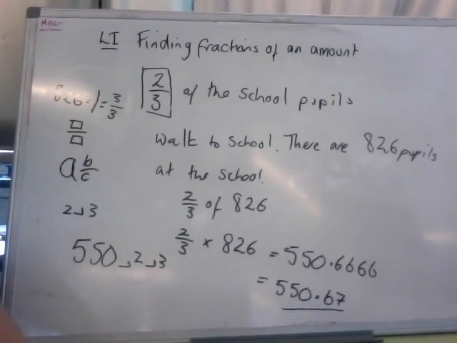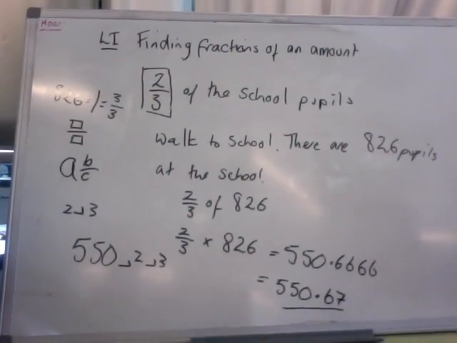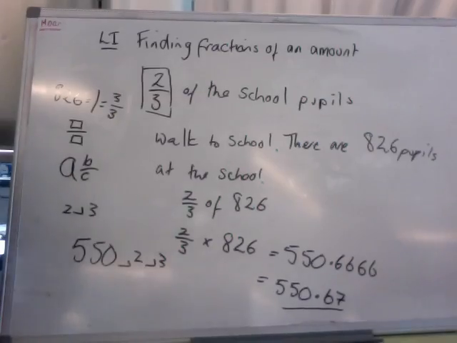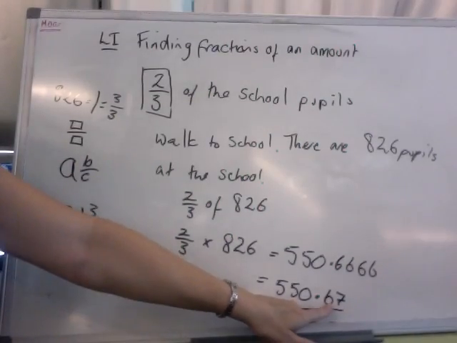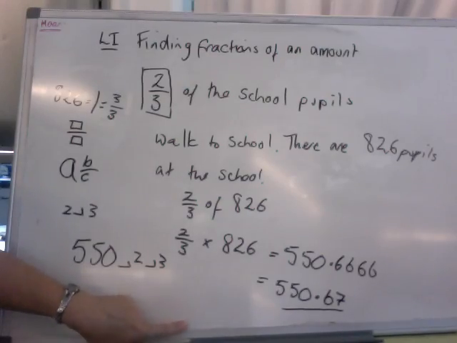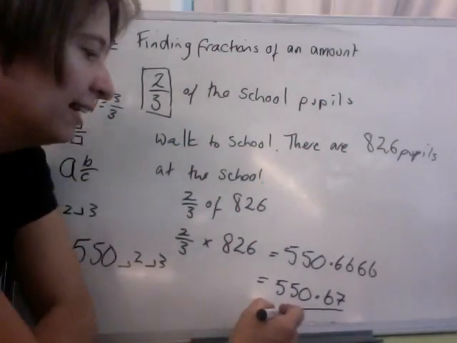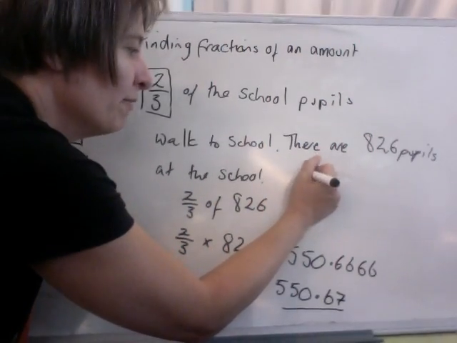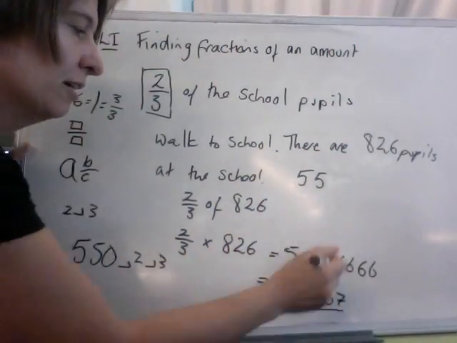So what would we write as our answer to make it a sensible answer? 551. Yeah, we'd round it up, just because this number particularly is telling us that it's going to be a little bit bigger. So our final answer would be 551.